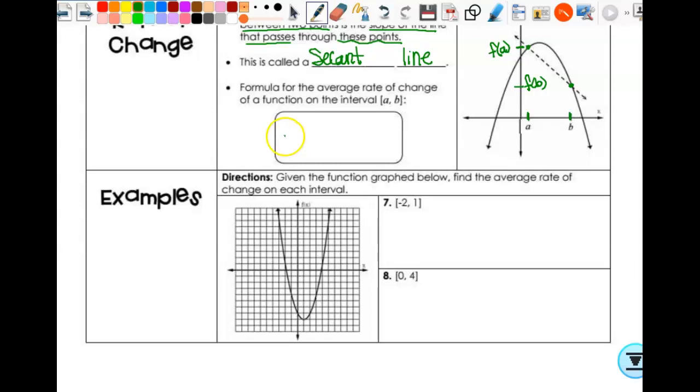So the slope of the secant line, with a little subscript SEC for secant, is still just the slope of a line: the change in y over the change in x. It's f of B minus f of A over B minus A.